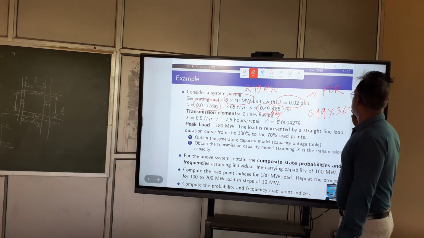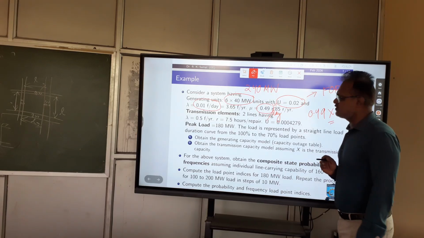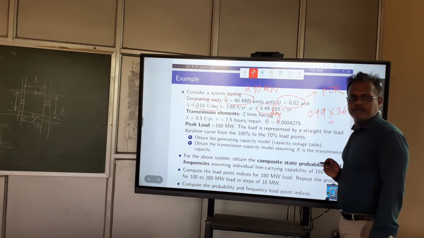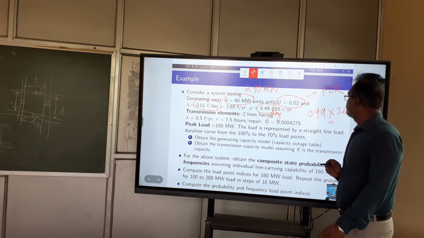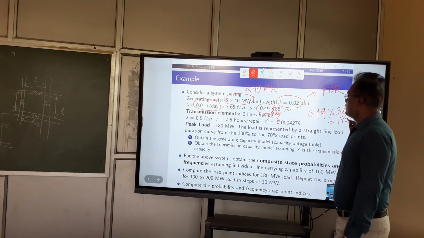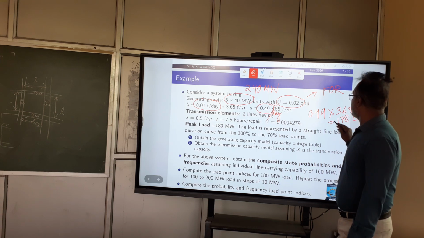How much is this? It is 178.85 repairs per year.